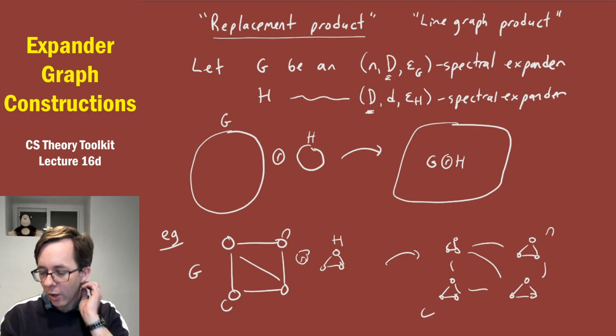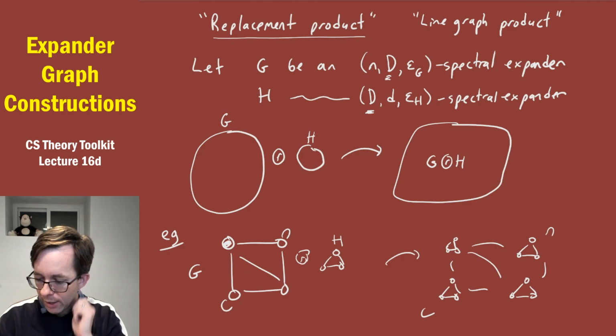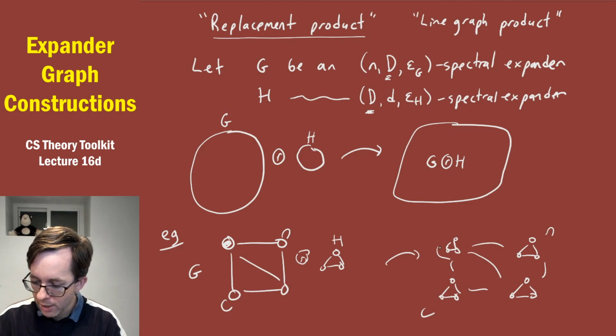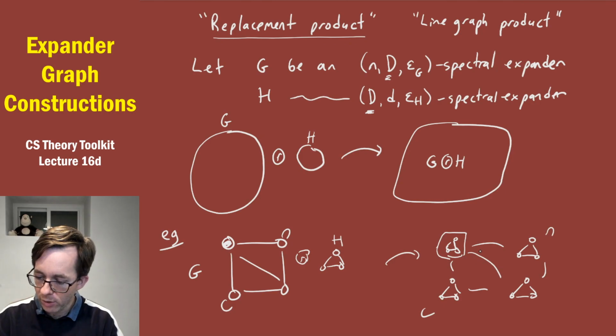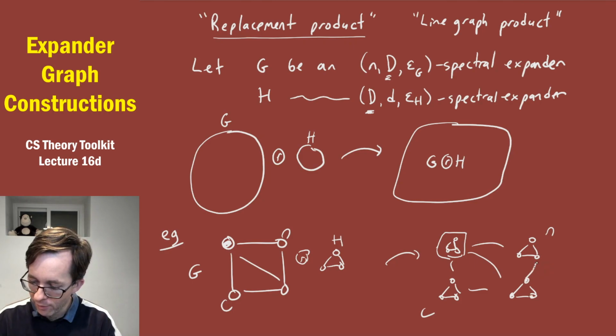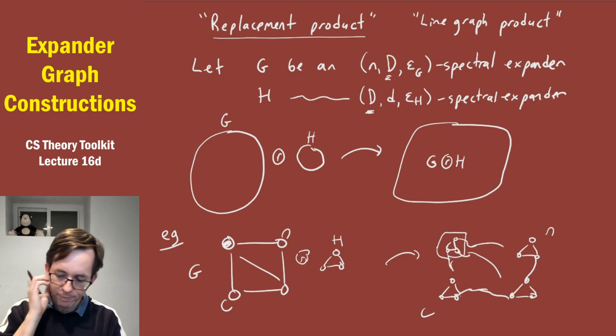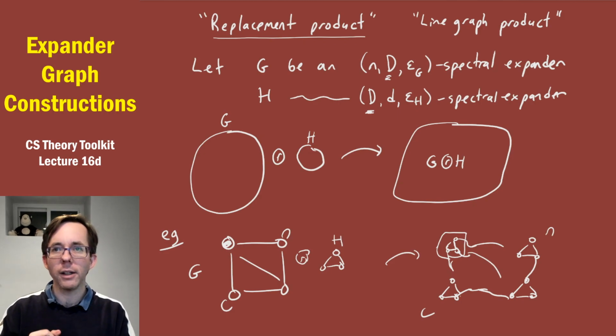Every vertex of G has degree 3, and the associated cloud of vertices has 3 vertices. So you can associate each vertex in the cloud with one of the outgoing edges. Every vertex in one of these clouds has one outgoing edge. Hopefully that was clear.